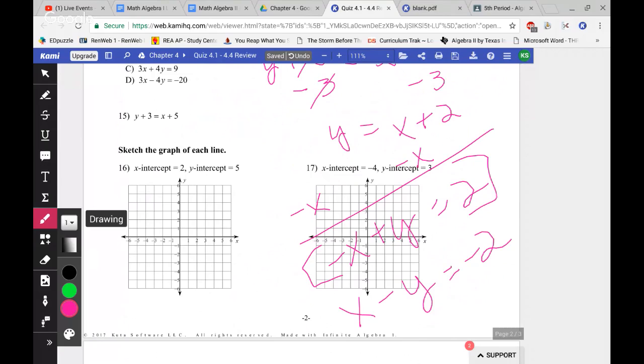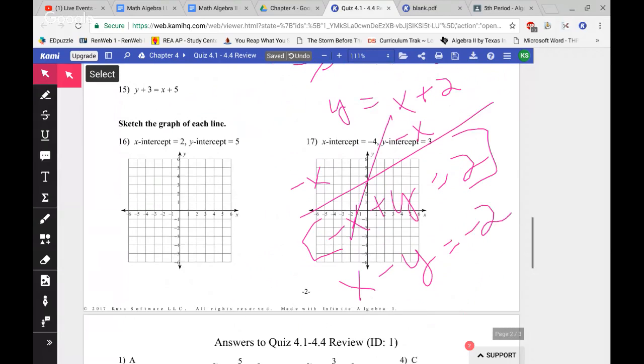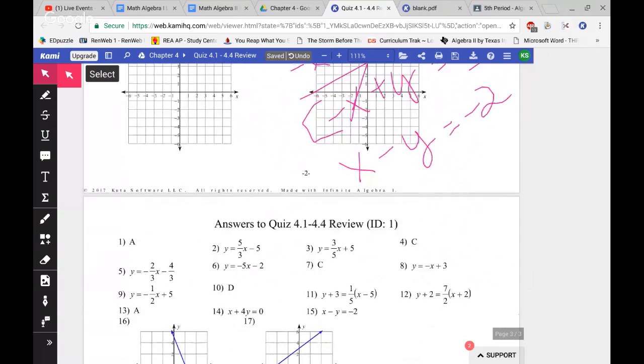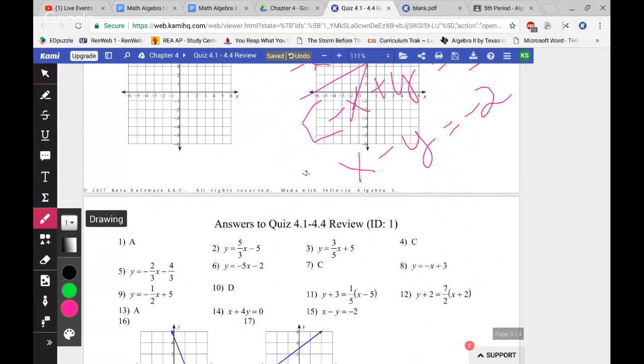You don't have to do that. It's going to be just fine the other way. I just want you to know you can. Let's see what the answer key has on it. They went ahead and multiplied.